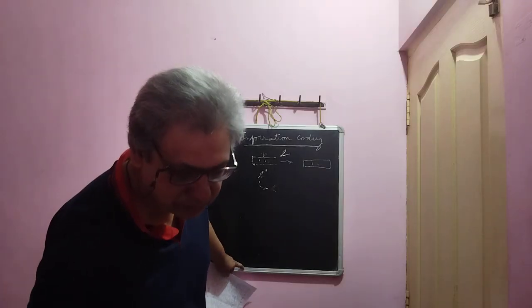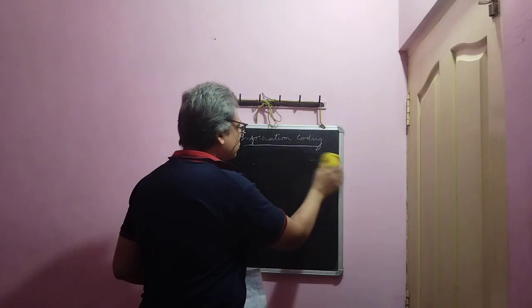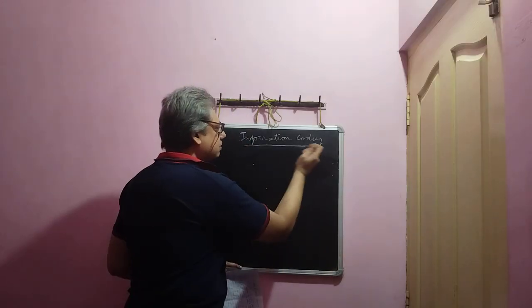A simple technique, which should be really effective, is to simply code the information or the message as a permutation.